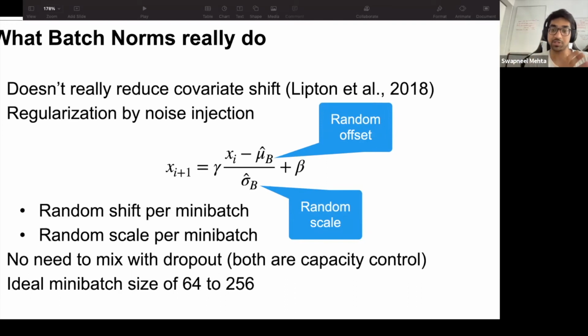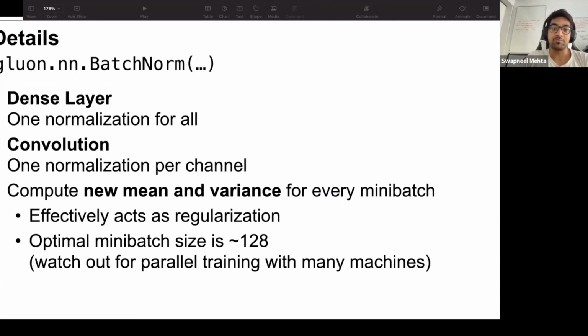There was some intuition, and this is a great example of how that intuition was not actually what was happening. And some people designed more experiments to test and figure that out. But the point is, regardless of intuition, batch norm works, as with a lot of machine learning. And so we use batch normalization on a per channel basis, effectively in order to regularize and avoid overfitting, similar to other stuff you do to avoid overfitting, like dropout.